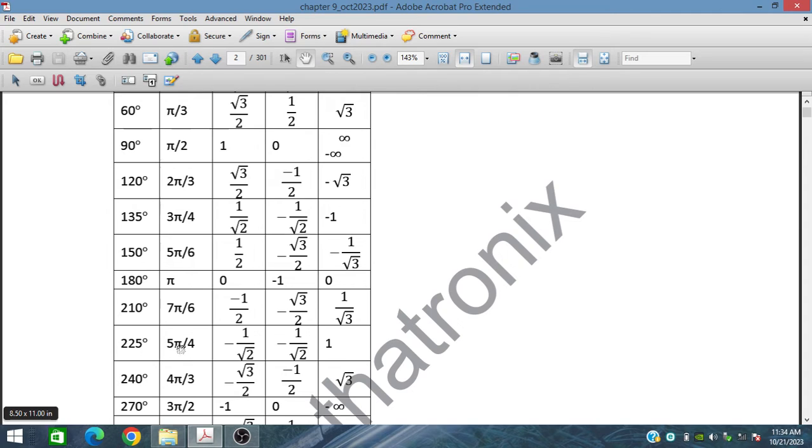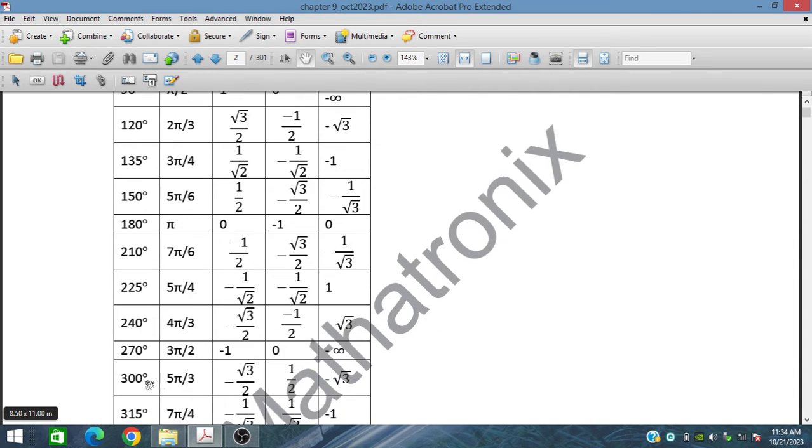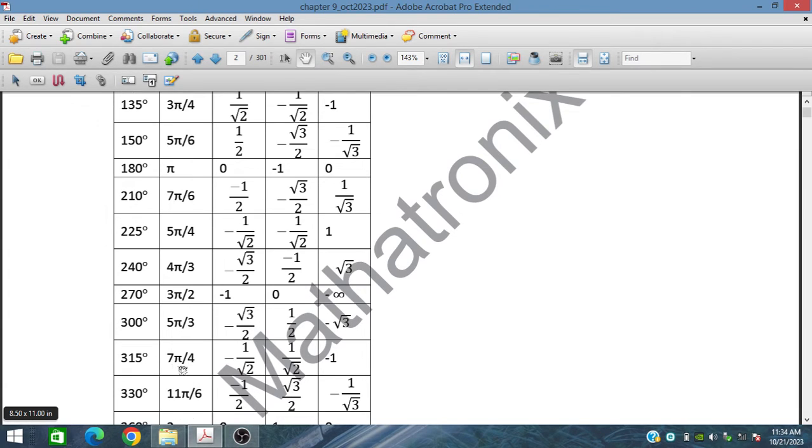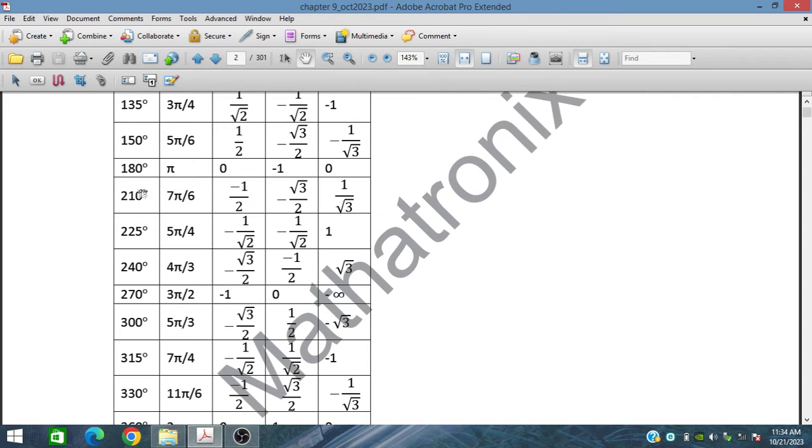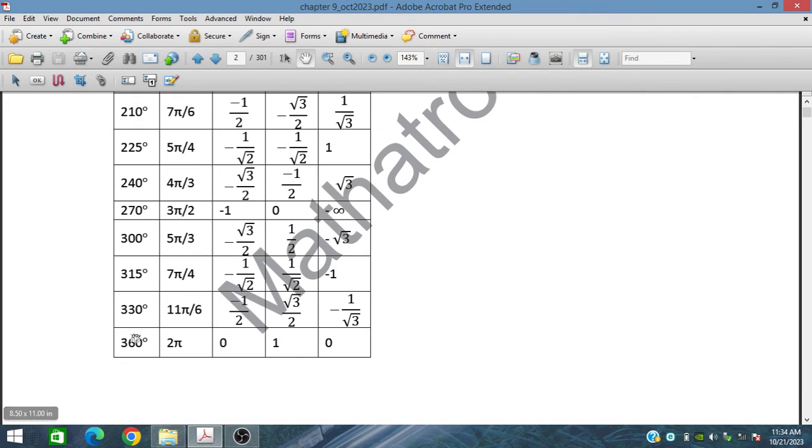Similarly 225 is 5 pi by 4, 240 is 4 pi by 3, 270 degrees 3 pi by 2, 300 is 5 pi by 3, 315 is 7 pi by 4, 330 degree is 11 pi by 6, and 360 is 2 pi, because 180 is pi, so 360 is 2 pi.